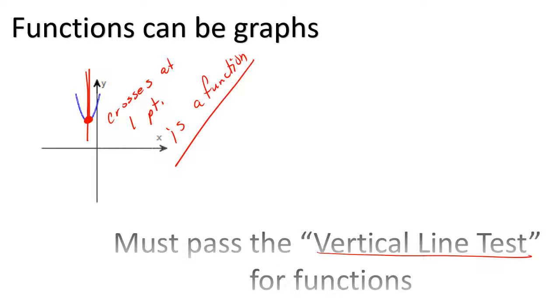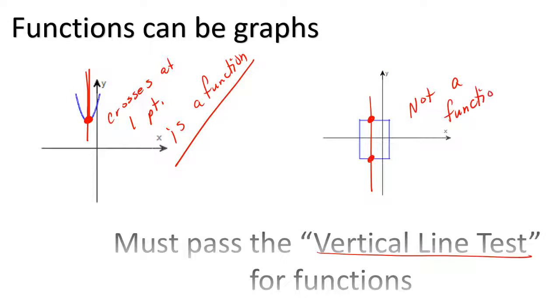Now, not all graphs will be functions. Look at this graph of just a box. If I draw a vertical line here, notice that it crosses that blue box in 2 places. So this is an example that is not a function. But graphs can be functions if they pass the vertical line test.